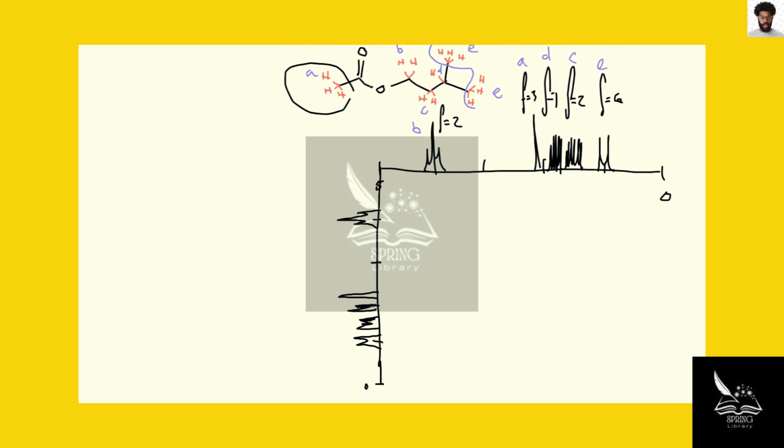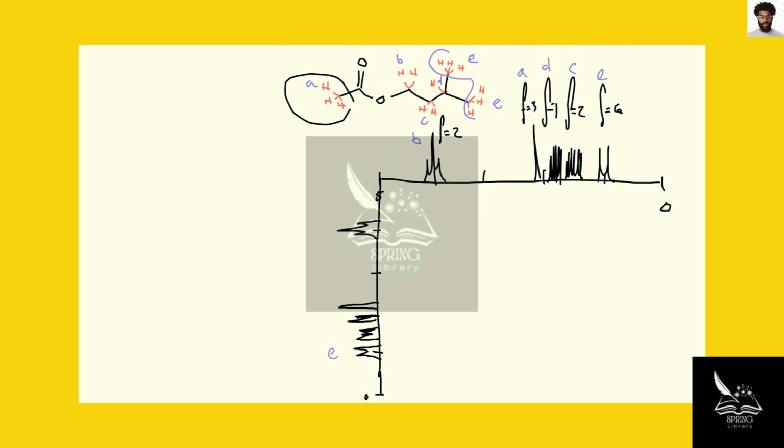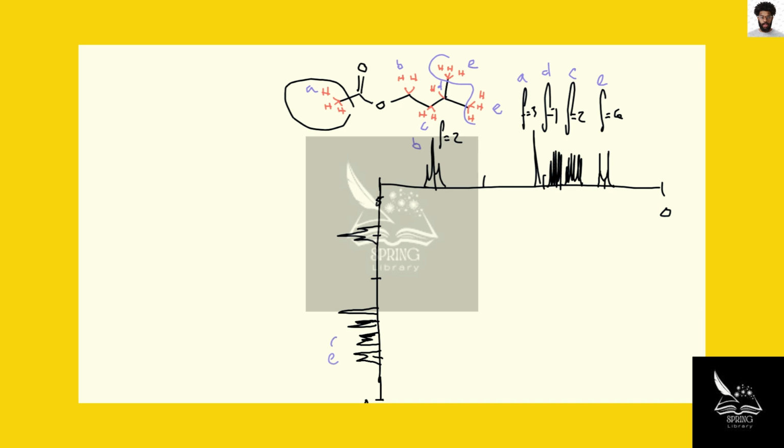The first one is E, second one is C, then D, then A, and then B. The idea is that E interacts with D.